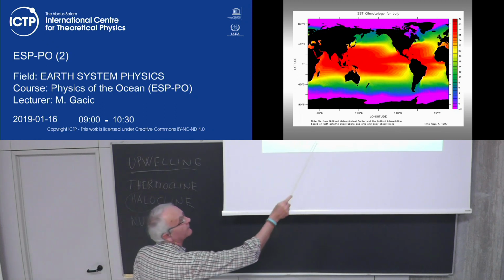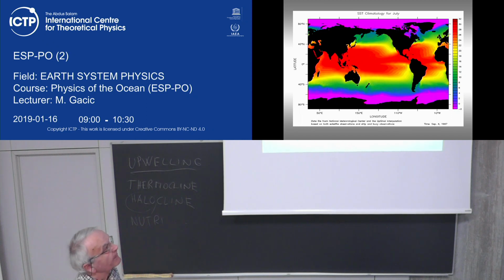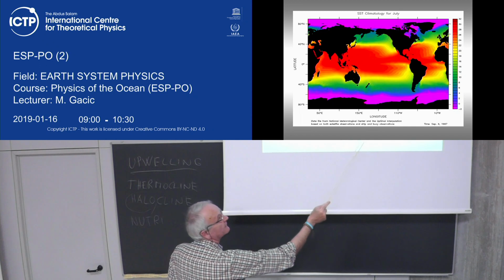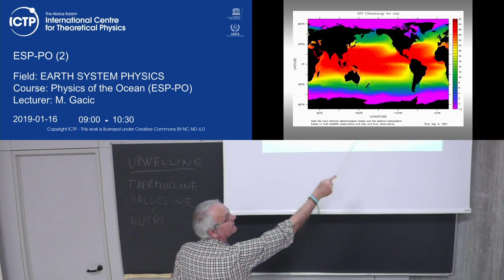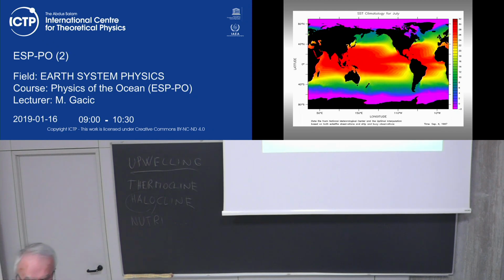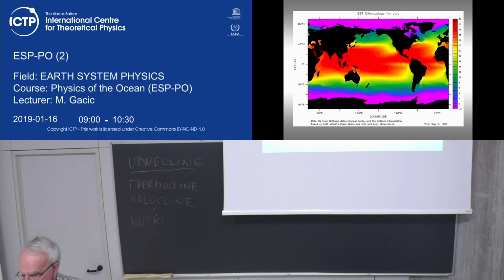The upwelling appears also along the northern American coast. Why doesn't it appear here along the European coast? It depends also on the shape of the coast. If the coast is very steep, if the pattern of the quasi-constant wind is such that it would generate the upwelling, the upwelling is present there.